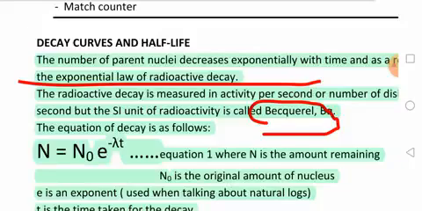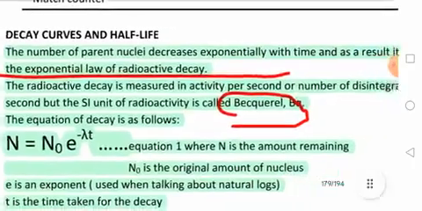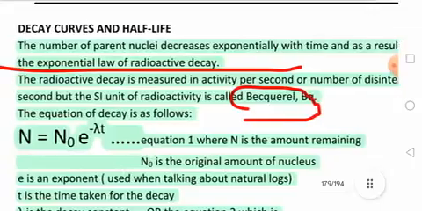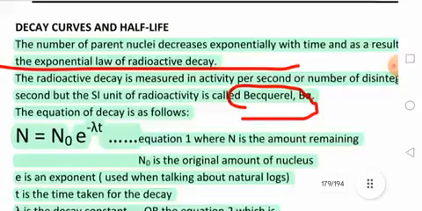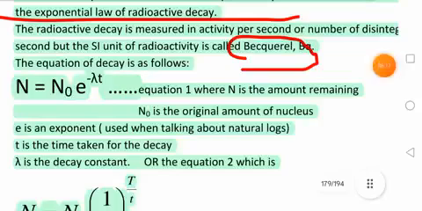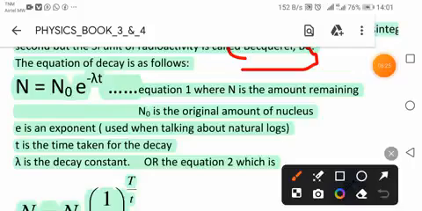The SI unit is called Becquerel. Here is the formula. This formula helps us to calculate the number of radioactive nuclei.